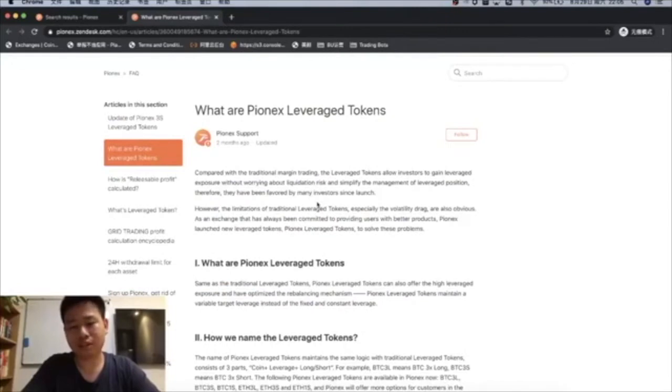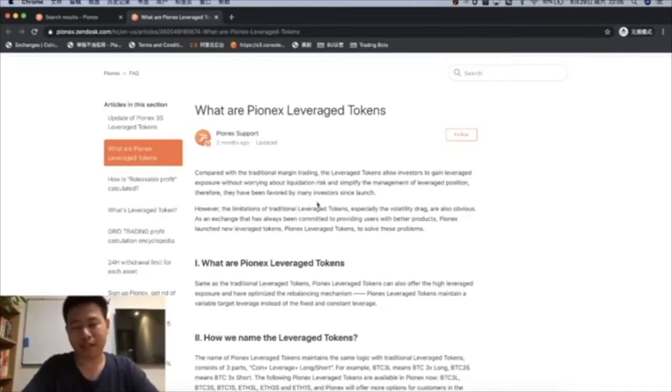The leverage tokens are kind of derivatives in the market. It is based on the futures market, which is on Binance. So let's take BTC as an example. The BTC 3 times, the triple long token, is based on Binance.